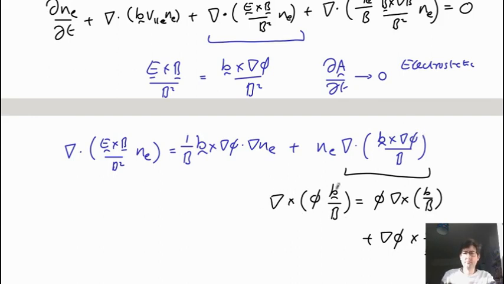Here there's a curl, so the divergence of a curl goes to 0, and so we can turn this expression into this one here. We turn it into phi times the curl of the B vector divided by the B magnitude.